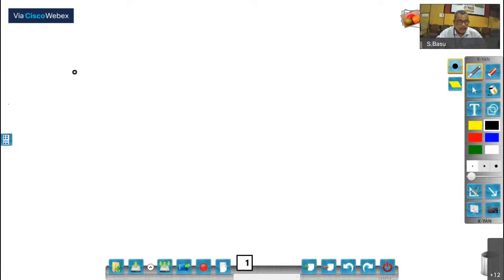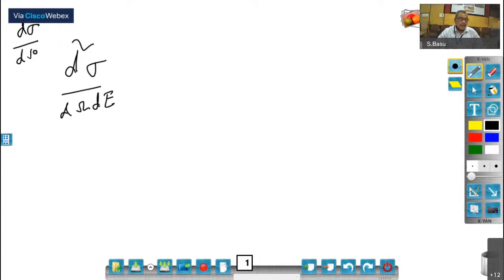Earlier I was writing d sigma by d omega. This was the number of neutrons scattered per unit solid angle. Now I am writing d2 sigma d omega dE, the number of neutrons scattered per solid angle per energy interval.